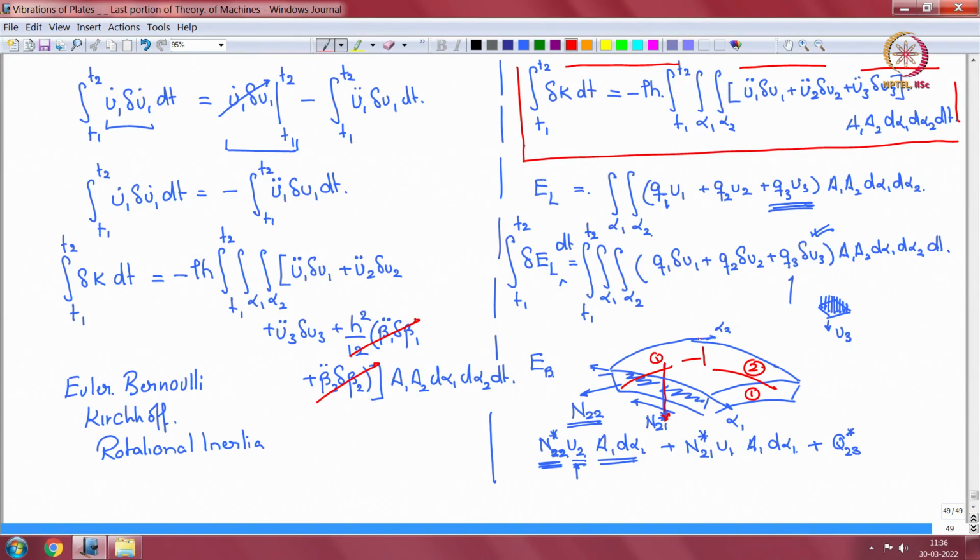The alpha 2 axis is normal to that face, and this is also the 2 face. So Q23 on the 2 face in the 3 direction multiplied by U3, the vertical displacement, into the elemental length. Similarly the moments, there is an M22 moment which works like this.